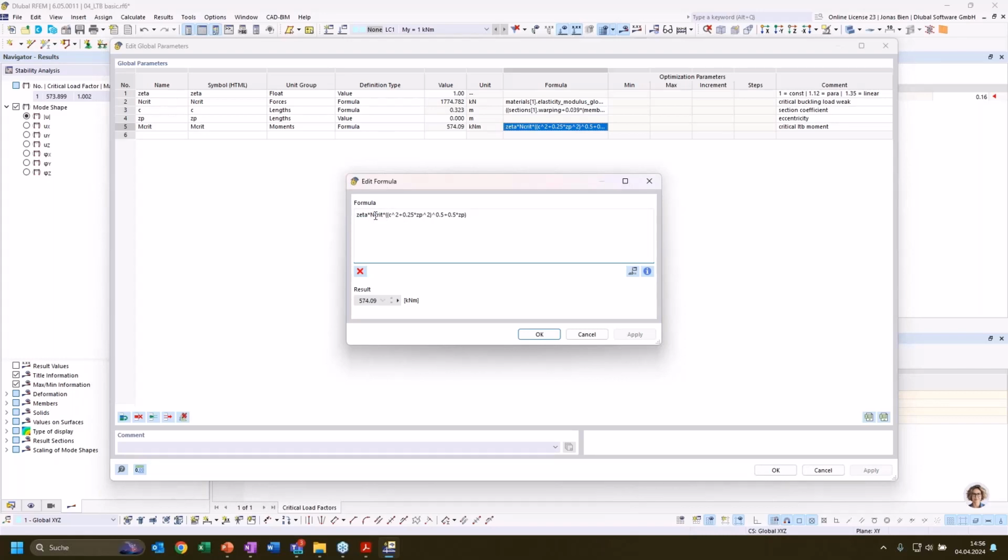Then we have the elastic buckling load, Mcrit, that's the one that we already assessed in the first example. Then we have some parameter C that takes into account the warping and torsional stiffness of our section. And we have the ZP, which resembles the eccentricity of the loading, which is in this case not important. And what we get from this formula is a critical bending moment of 574 kilonewton meter.